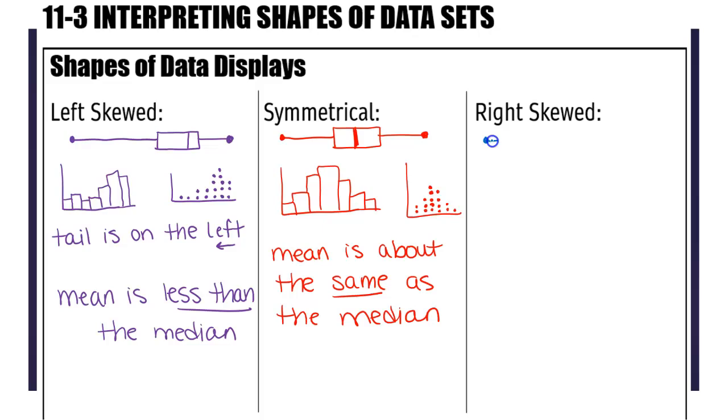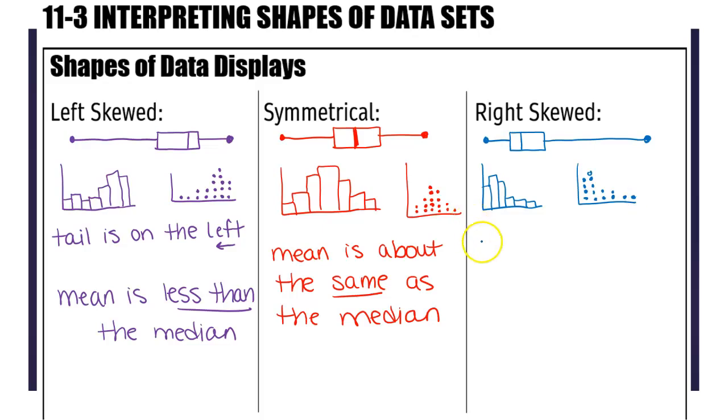Okay, and then on the very opposite end of the spectrum from left, we have right skewed. Right skewed, you're going to notice you have a long whisker on the right. You are going to notice that most of your data in a histogram is on the left, but you have this tail on the right. You will notice in the dot plot, you will have more data on the left, and you will get a tail-like situation on the right.